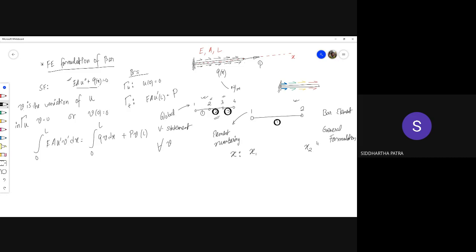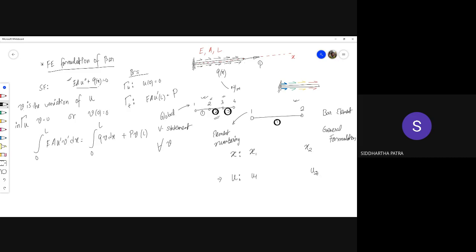Now these are known quantities, of course. What might not be known is the deflection. Okay, we might also know that, for example, at x equals 0, u is 0. So the primary variable that we are solving for, the values of that at the two nodes are, let's say, u1 and u2. We might not know them.